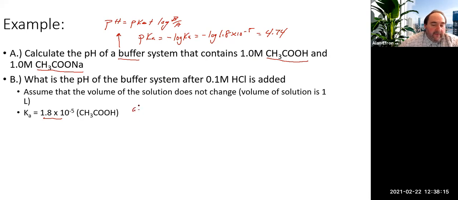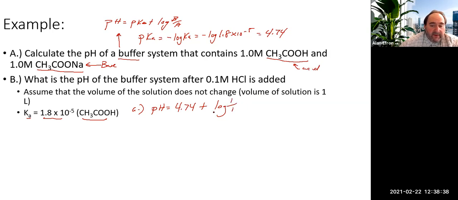We then can, for part A here, go right into that equation. That's going to give us 4.74 plus the log of the base, which again, this would be our base. If you're not sure, this is the Ka value for acetic acid, and the name kind of implies that it's an acid, right? And in this case, that is the log of 1/1.